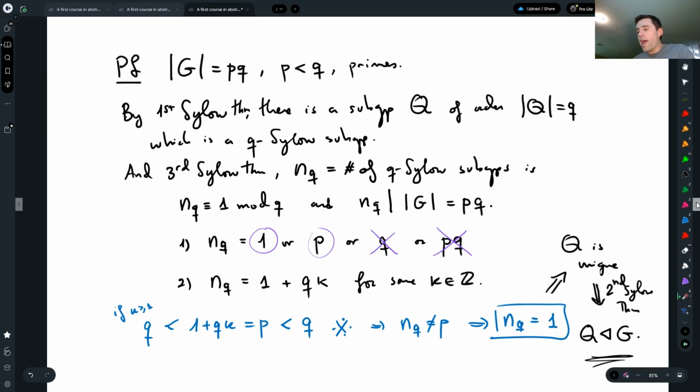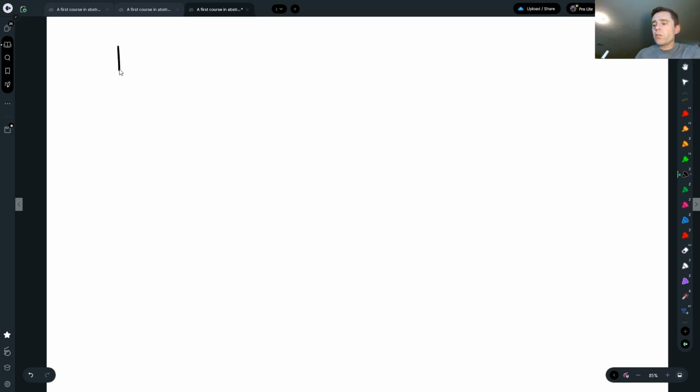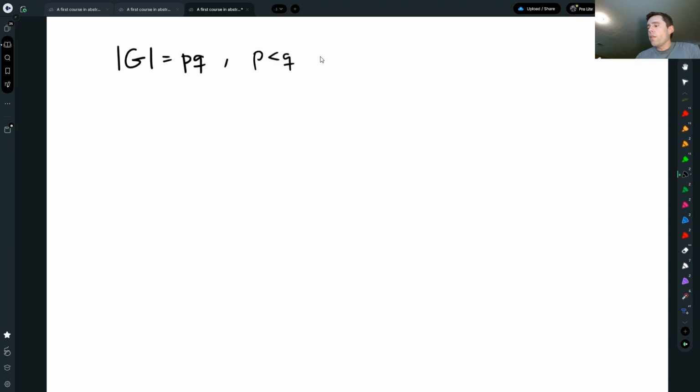So this is what happens if I just know this. There's a unique Q Sylow with the larger prime. So let's see what happens with the P Sylows. Okay, so the second part of the theorem is the following. Suppose the order of G is PQ, P is less than Q. That alone has told us that there is a unique Q-Sylow subgroup.